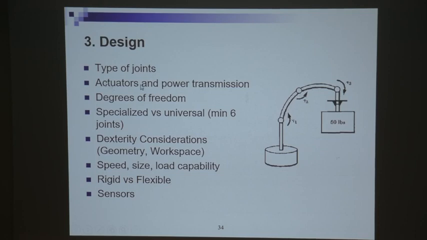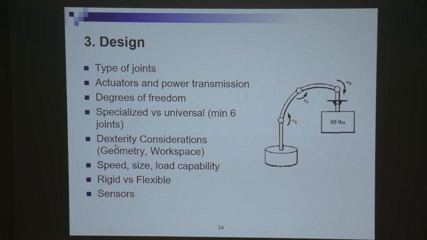The type of joints is the first thing you have to consider when you design a robot. Then you also need to consider the actuator as well as the power transmission. The actuators meaning motors, and the power transmissions. And then the degrees of freedom, whether it is going to be a specialized or a universal robot.